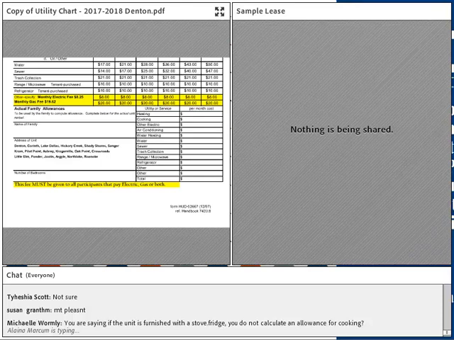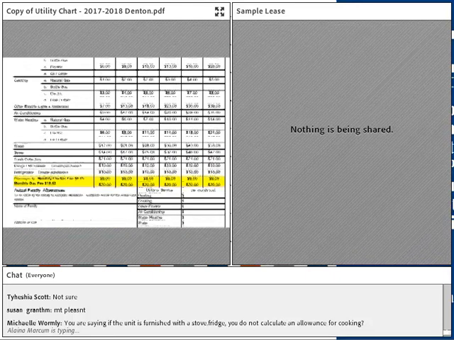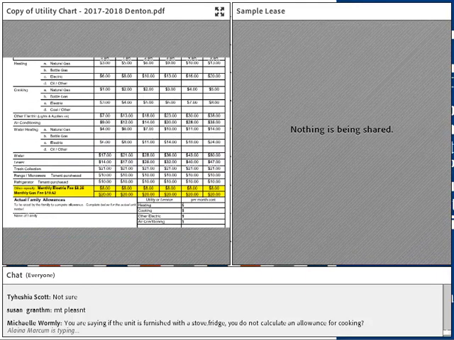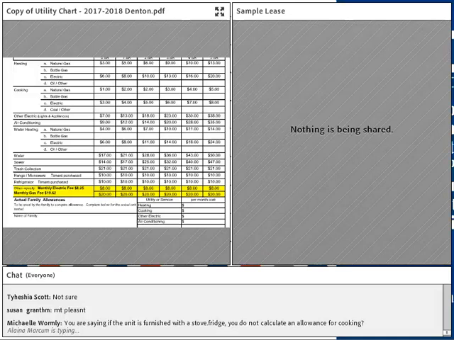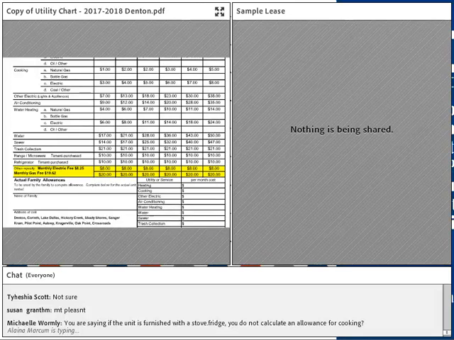Okay, so Michelle, if the unit is furnished with a stove and a fridge, you would not calculate an allowance for range and microwave or refrigerator. They would still get a cooking allowance, assuming that their refrigerator and stove, in this example, were operated with electricity.